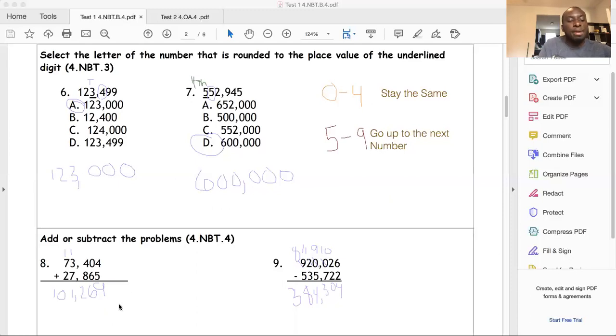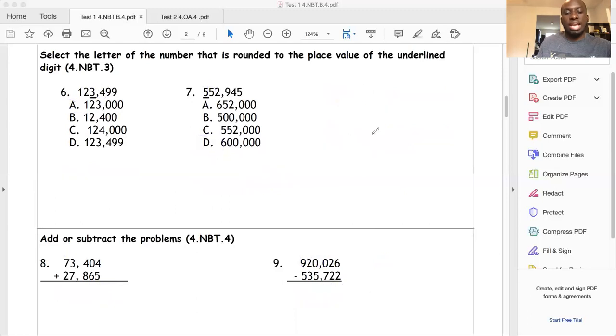Both number 8 and number 9 are answer choice A. Basic addition and subtraction. I'm going to clear my board and move on to the next problems.